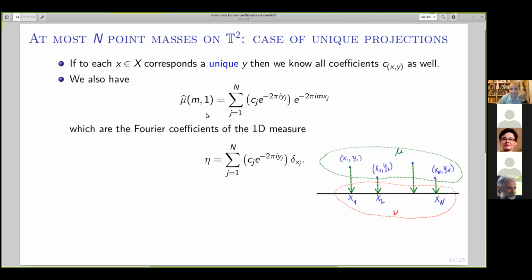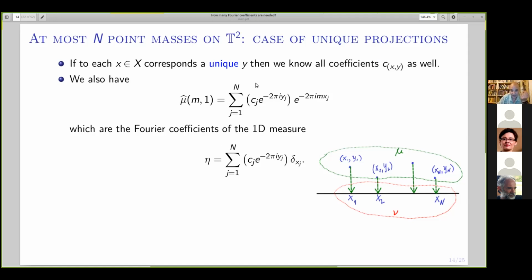But we now look at these Fourier coefficients of the two-dimensional measure, which we can easily see to be this power sum. And again, by the one-dimensional result, which would correspond to points sitting on xj with these Fourier coefficients, we can recover the Fourier coefficients of this measure. So the Fourier coefficients of eta are exactly these numbers.